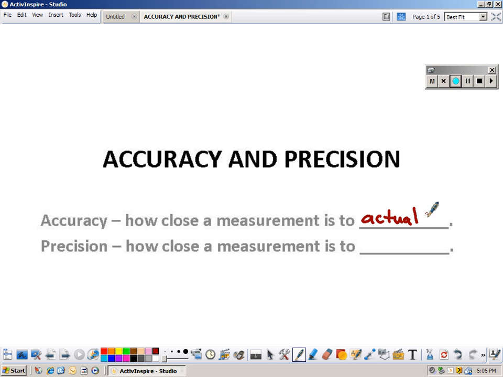We'll put actual value. Precision is how close a measurement is to other measurements. So, other measurements.